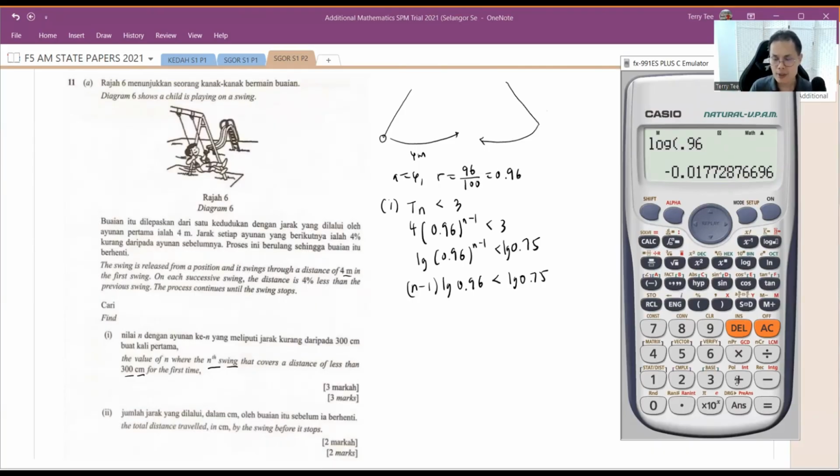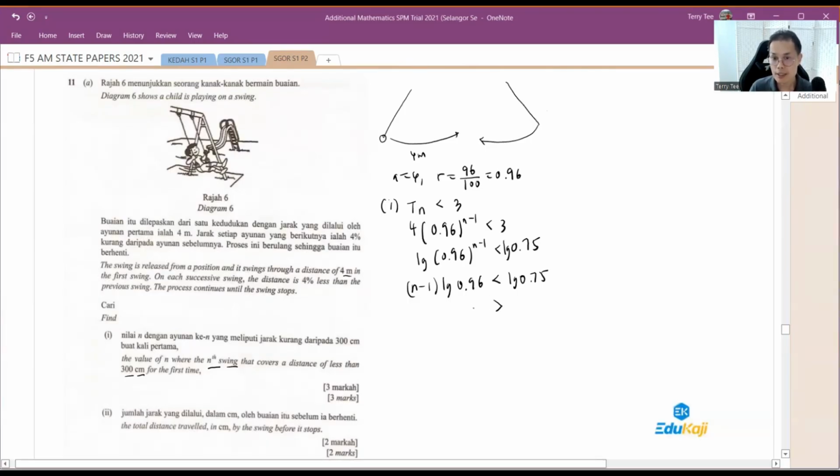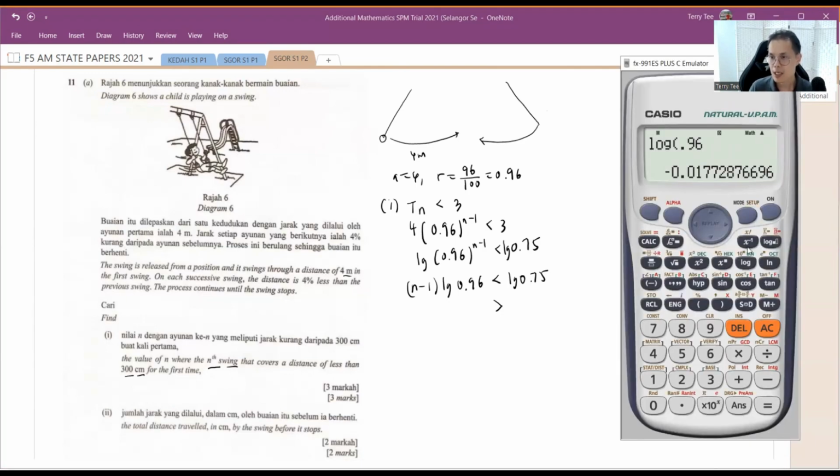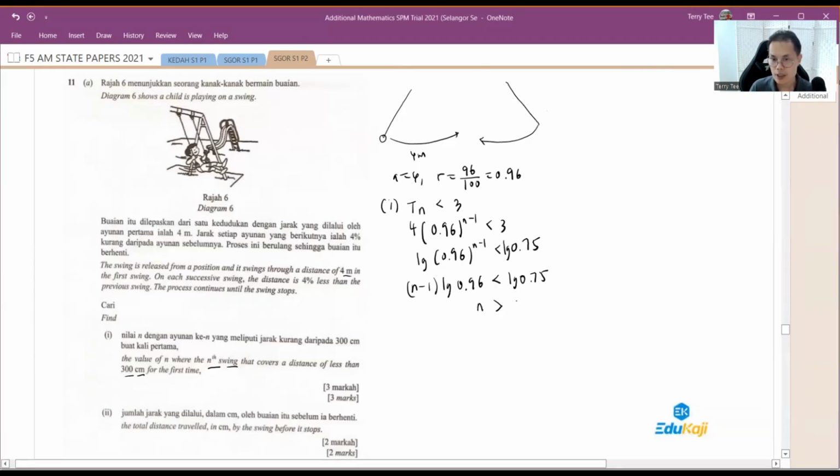When you divide by a negative, your inequality sign has to change. Remember that, because some people tend to miss that out. So they tend to forget to change the sign. So it's log 0.75 divided by log 0.96. Whatever I get, make sure you plus 1. Your n is more than 8.047. My n is 9.